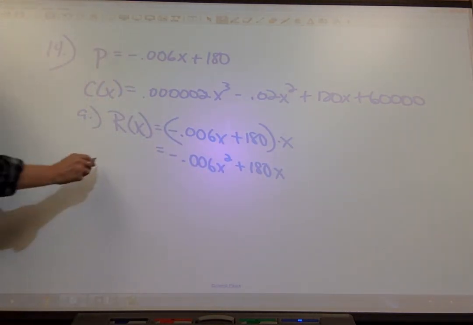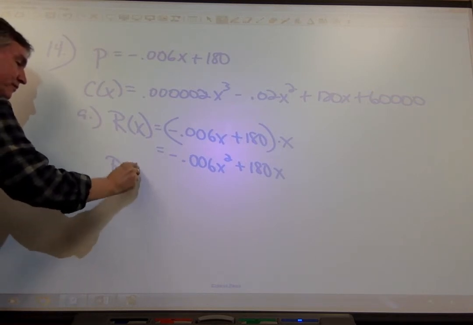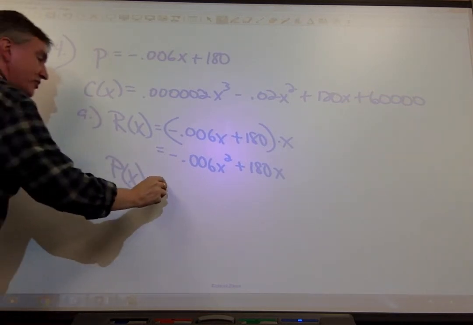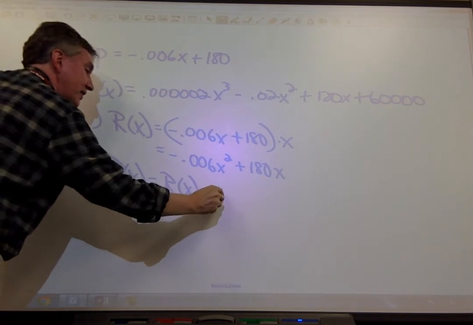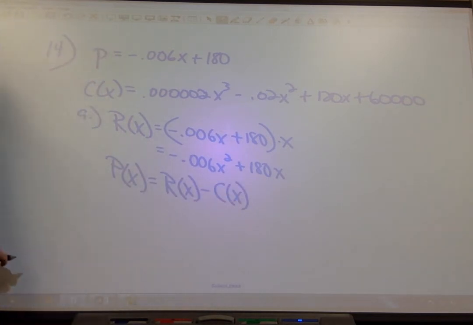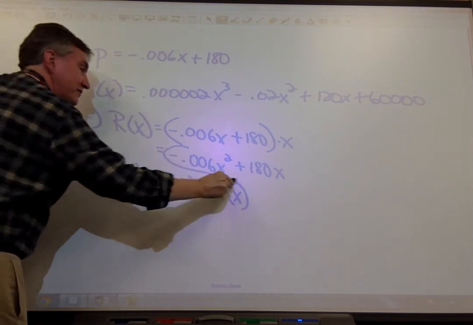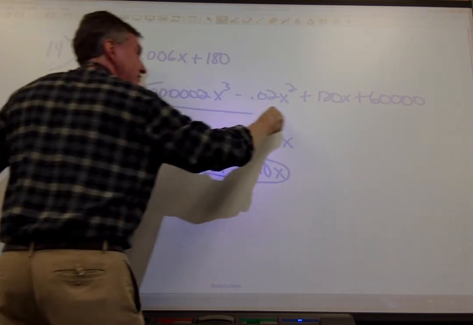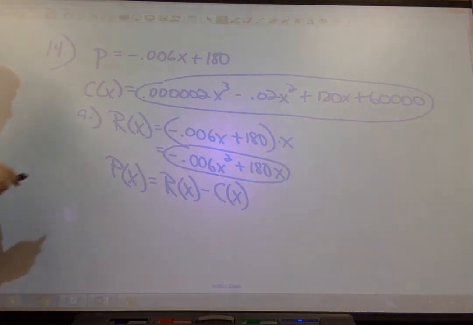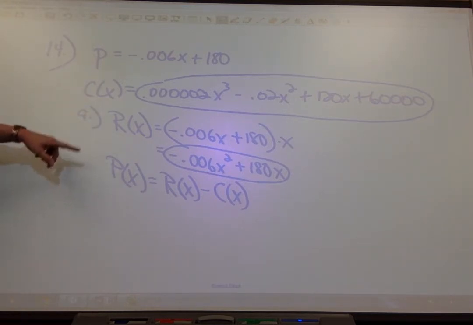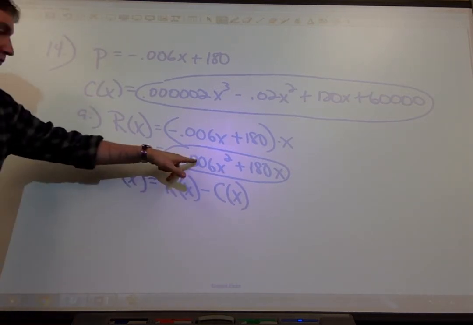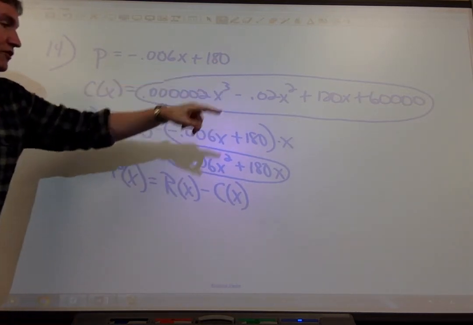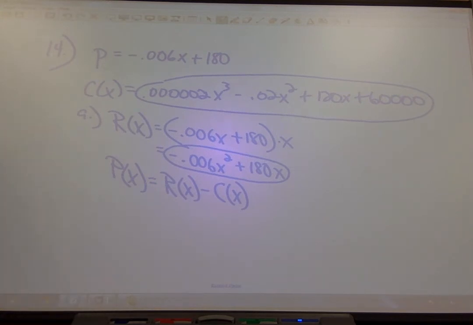But you see what revenue is. How would you form the profit? Yes, revenue minus cost. Would you like me to write this down, minus this, and subtract them? Could you all do that if you were forced to? I promise my cost functions on the test or quizzes will not be that long. You understand what you would do, right? R minus C, you would distribute your negative through there, you would combine, and you would have your profit function.